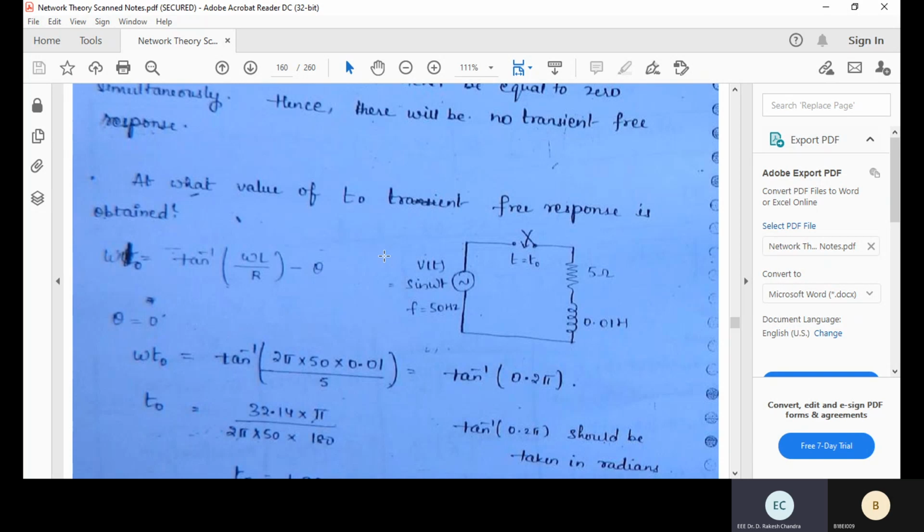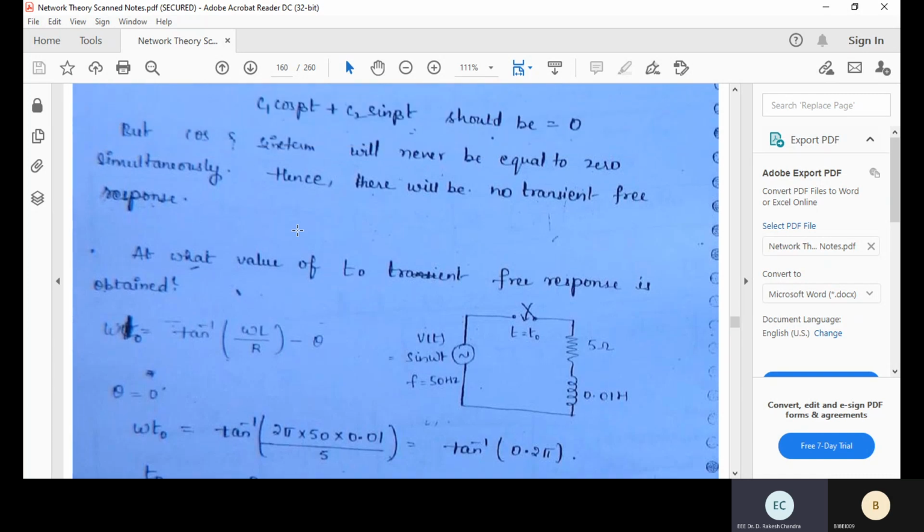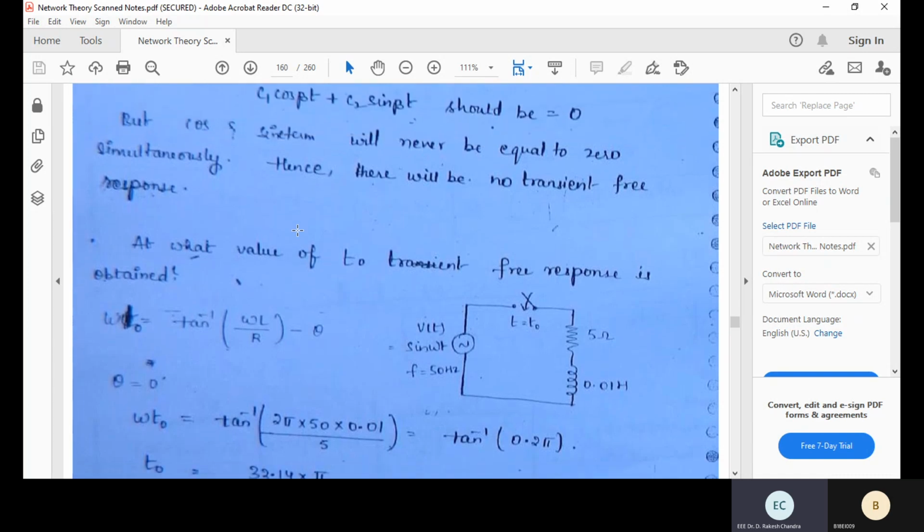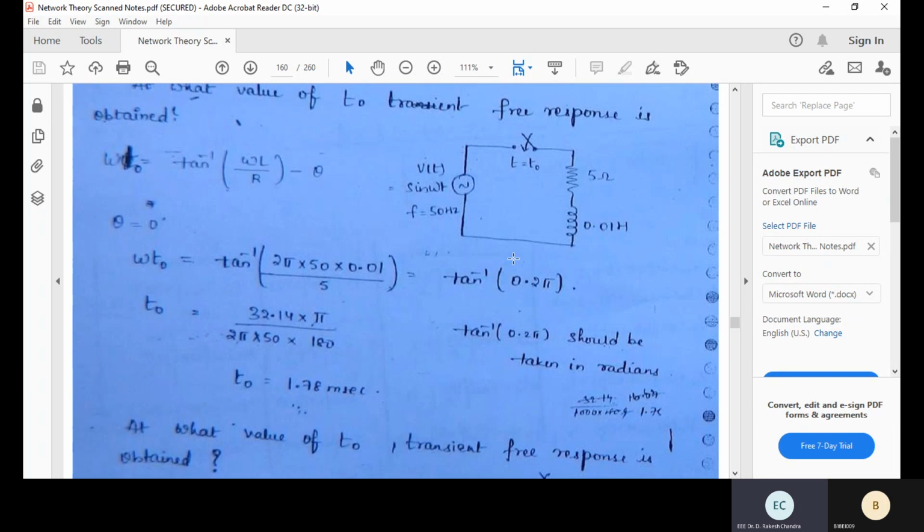Just now we have seen all such case studies, and we have a problem here: at what value of t naught is there a transient free response? Just now we have seen, in the tabular form, that if the switch is closed at t equal to t naught, the formula is omega t naught equal to tan inverse of L omega by R, minus theta, at theta equal to 0. Then you equate it and you will get the value of t naught equal to 1.78 milliseconds.